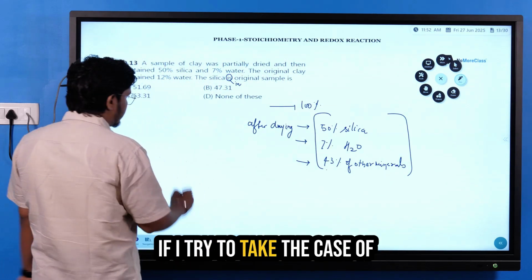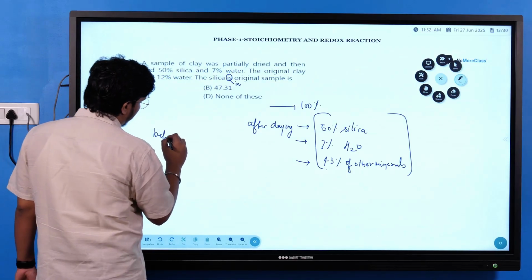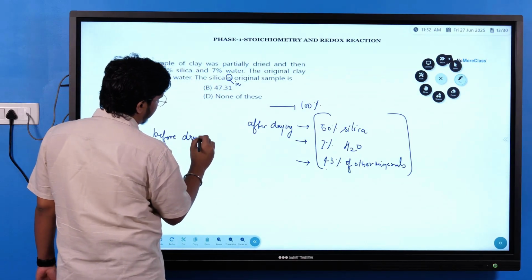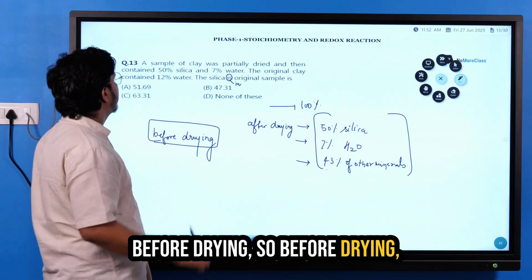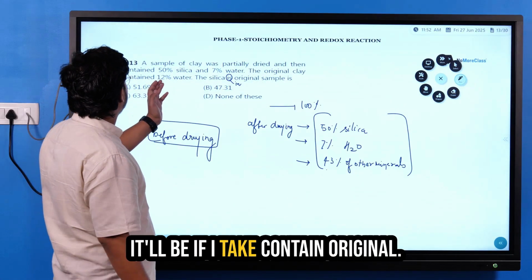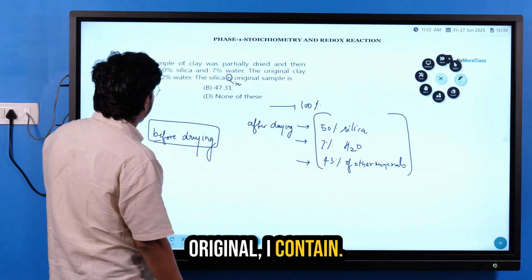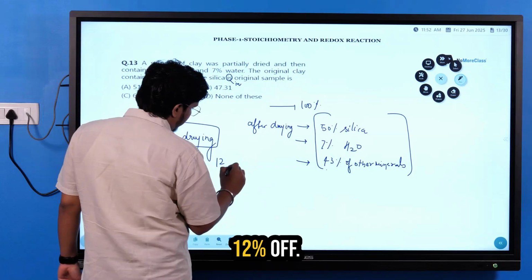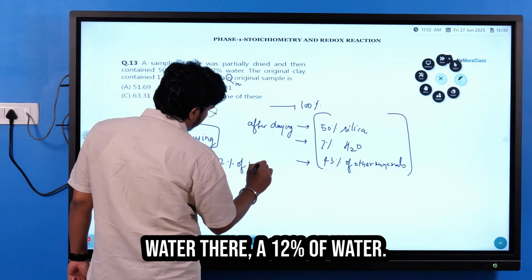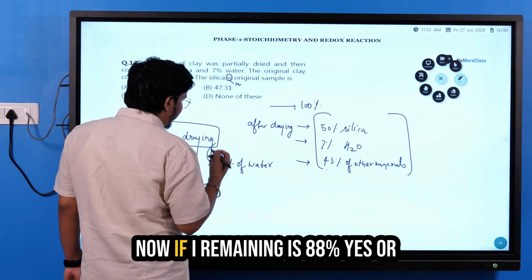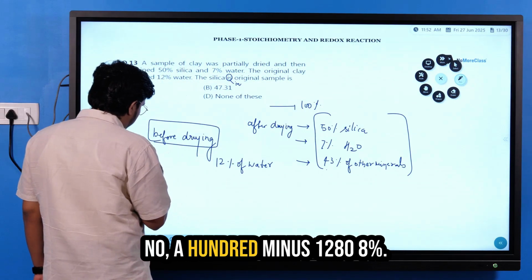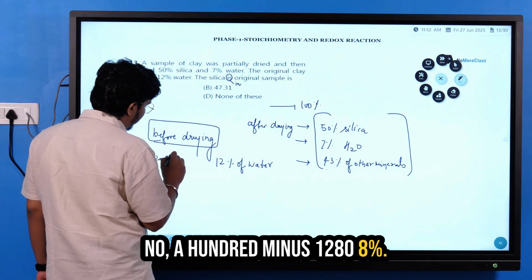Now if I take the case of before drying, the original clay contains 12% of water. The remaining is 88%, yes or no? 100 minus 12 is 88%.